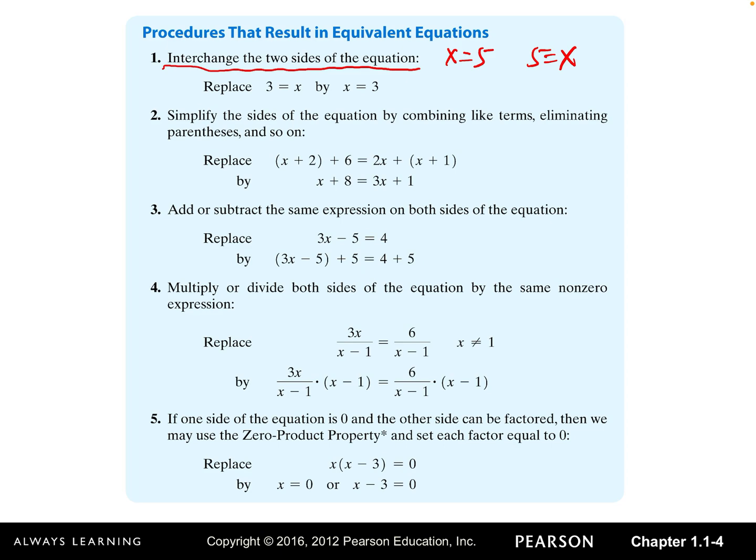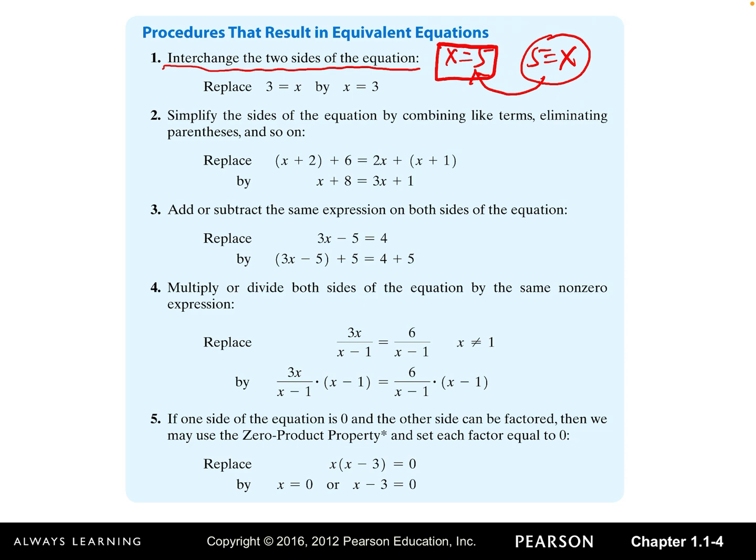But as a solution, we always require the variable x to stay on the left-hand side and the constant term on the right-hand side. So 5 equals x is not considered a final solution. You have to rewrite it by interchanging the two sides of the equation. That's the first procedure resulting in equivalence.